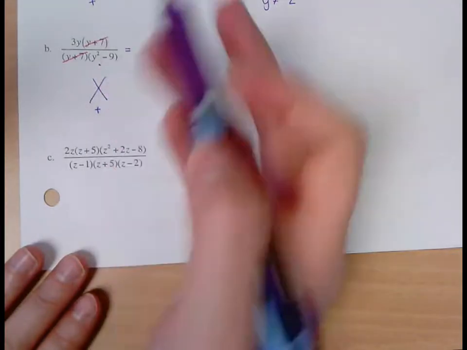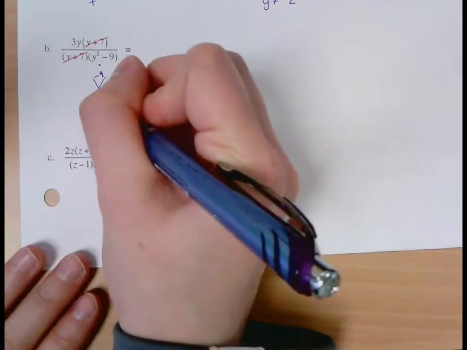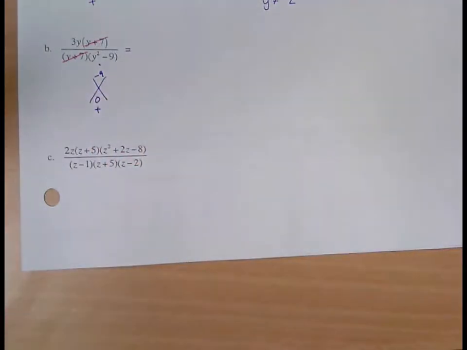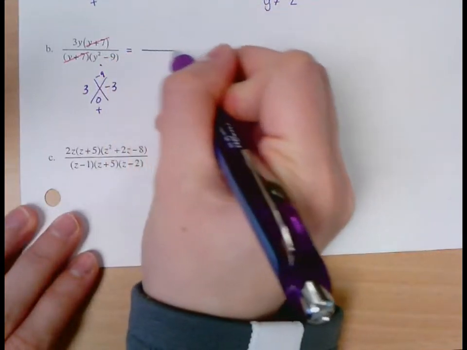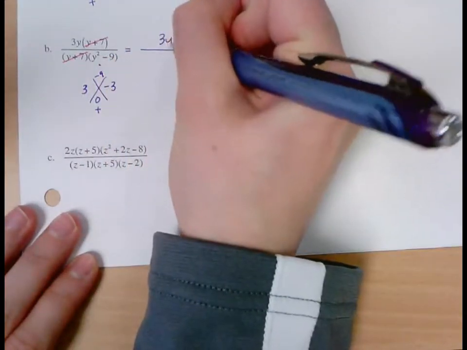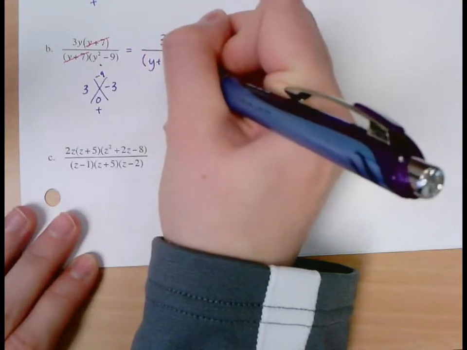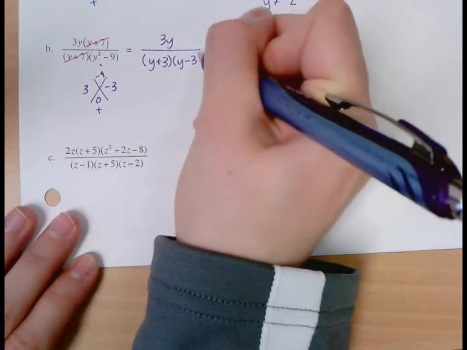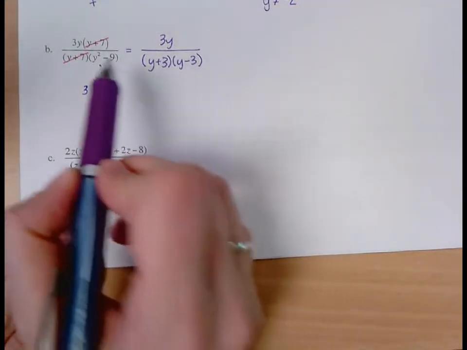You're multiplying to -9 and you're adding to 0 because you don't have a middle y term. So what two numbers would multiply to -9 and add to 0? 3 and -3. So then I'm going to have 3y on top, and I would then have y plus 3 times y minus 3 on the bottom. So now it's fully factored.